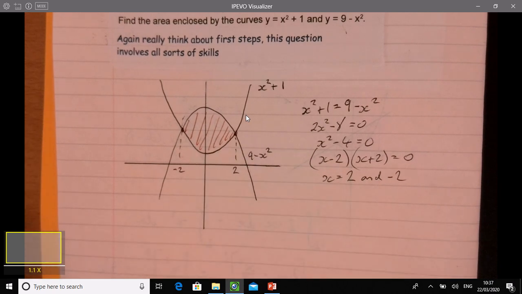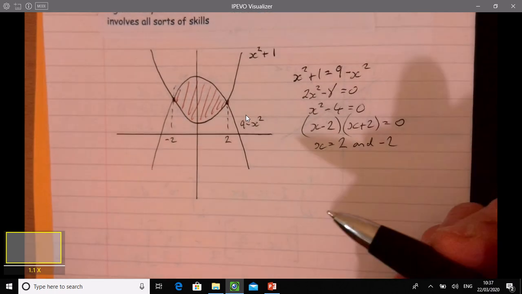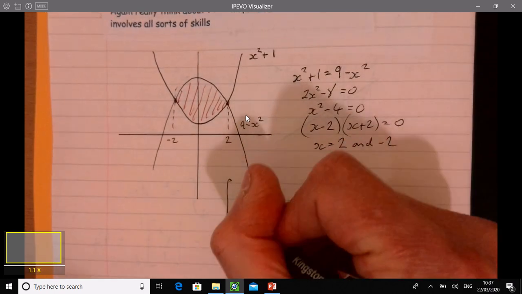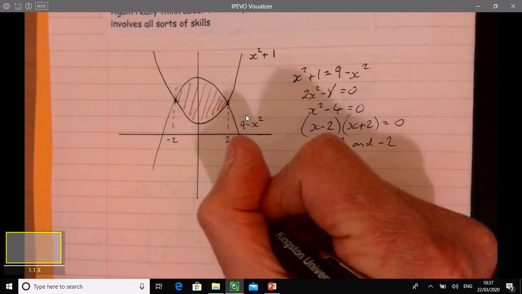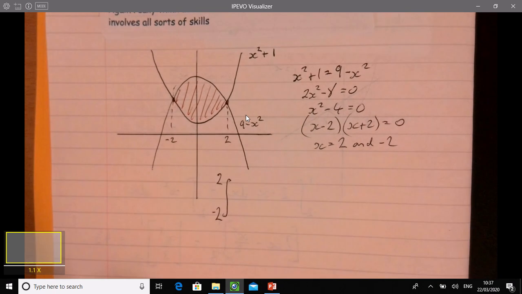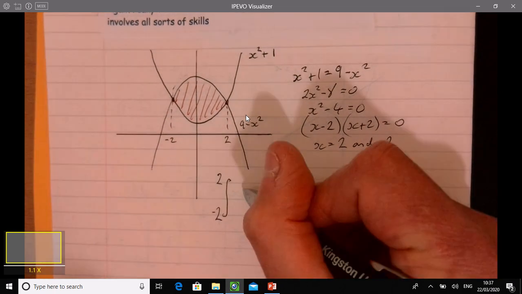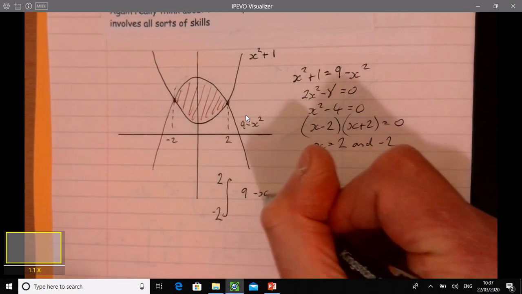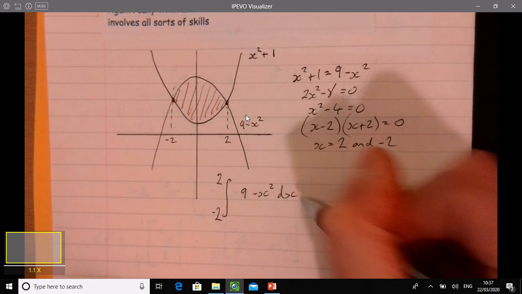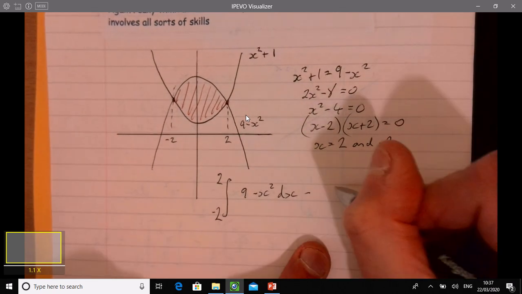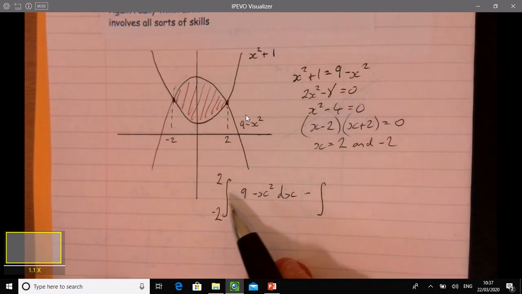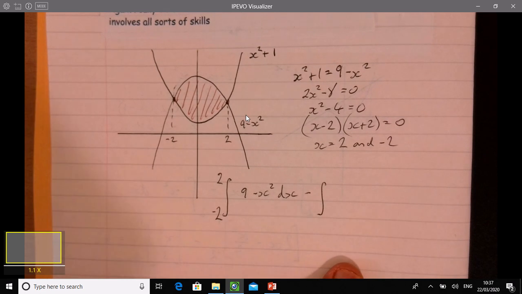Okay, so let's just go and simply write that down. Try as much as you can to write this out properly as you go. It will just make your life so much easier, and also really cement what we're actually trying to do as we work through these. So we're integrating the first one between 2 and minus 2.